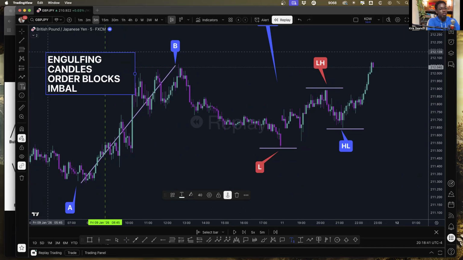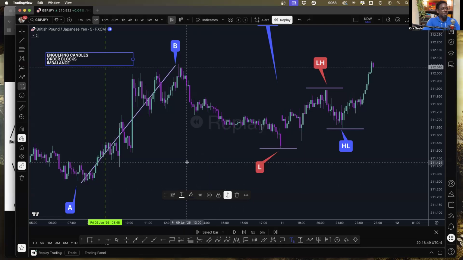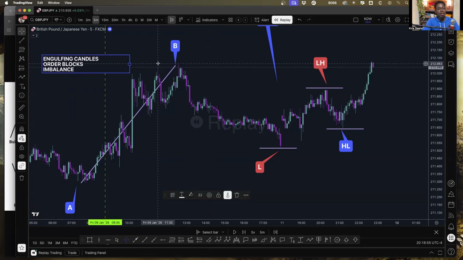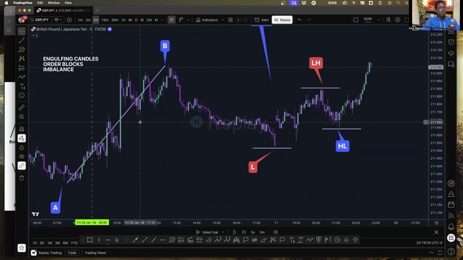We have something called imbalance. These are just three of the things that could show up between A and B that give us an idea where C could turn up. This is going to be better for the recording, so we'll go through a little quicker so we're not going crazy on time.